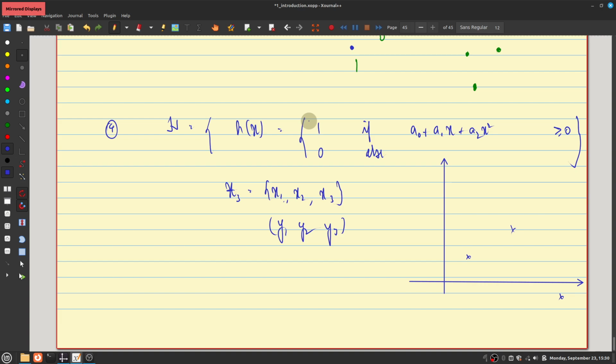What about 4 points? And why not? 1, 0, 1, 0. And why is that not possible? Let's see, I have a parabola passing through. One thing you have to keep in mind: in this case, you know y1, y2, y3. All I am saying is I want positive, negative, positive, negative.